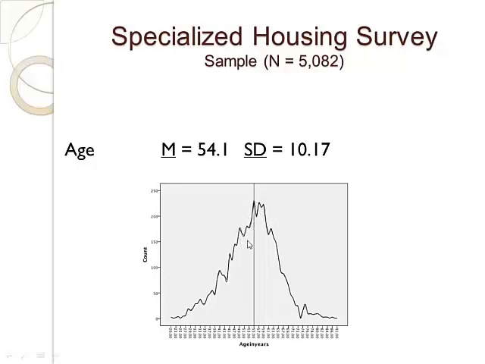Most of the people are going to be around that age, and we know that about 2/3 will be within 10 years either side of that, +1 or -1 standard deviation.